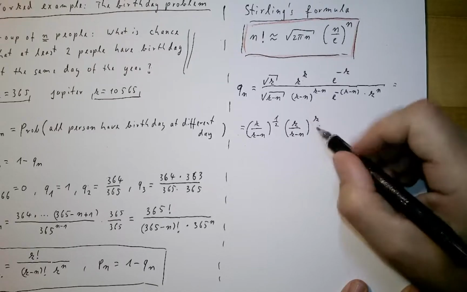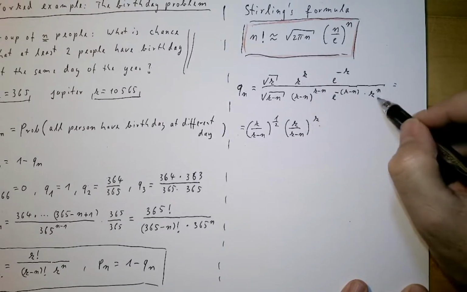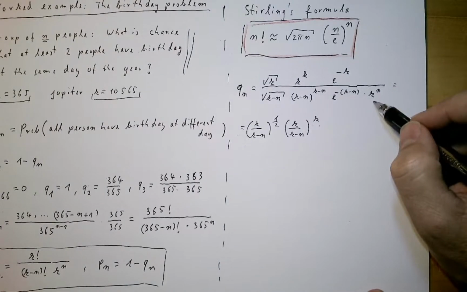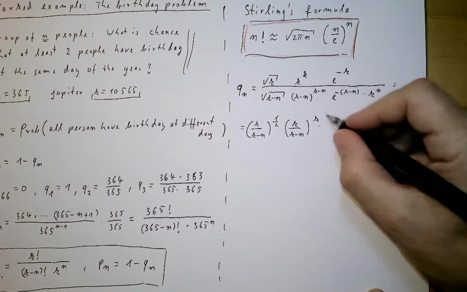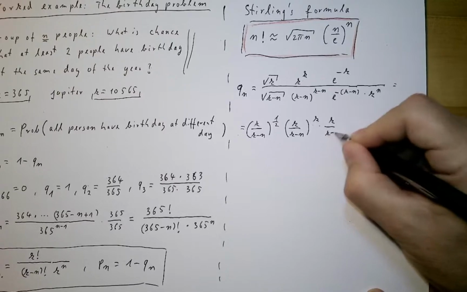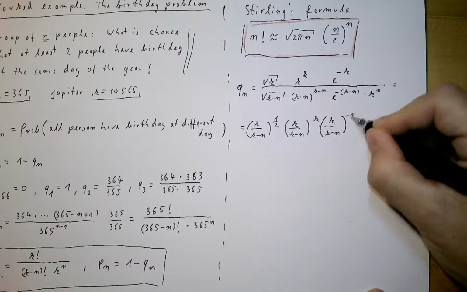And then we combine all these k terms. So let's write this first. Here I write k over k minus n to the power minus n.